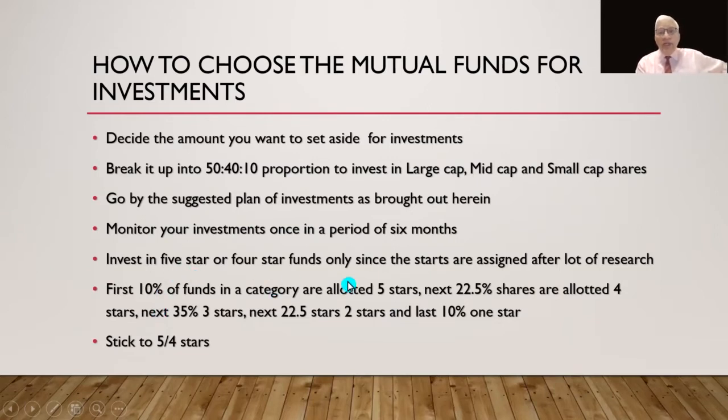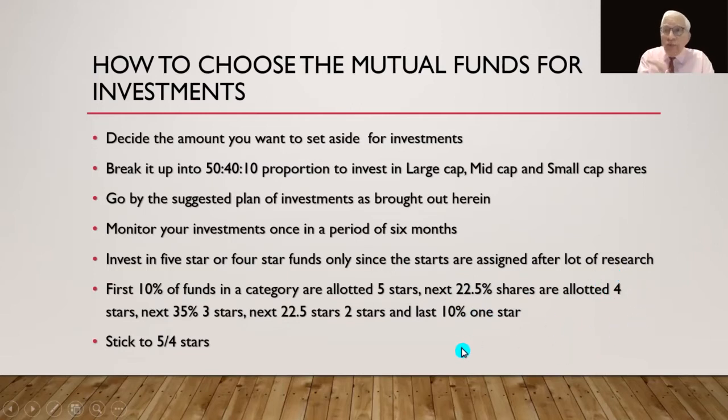Invest in 5-star or 4-star funds only, since the stars are assigned after a lot of research. See, in a category, for example large cap, if there are 100 or 200 funds, the first 10% of funds are allotted 5 stars. The next 22.5% of funds are allotted 4 stars.